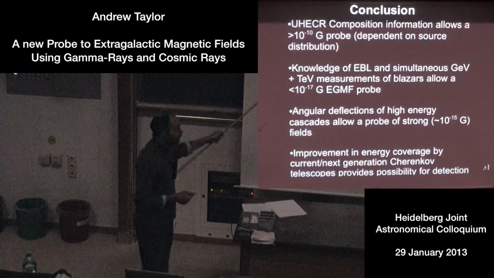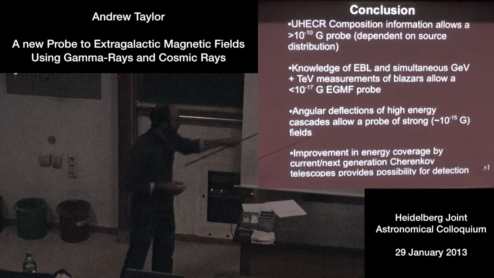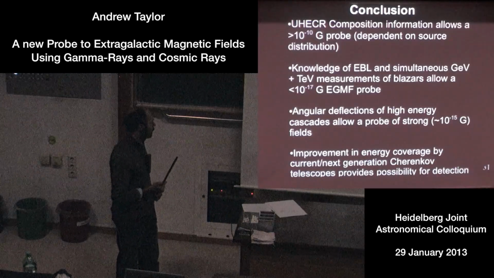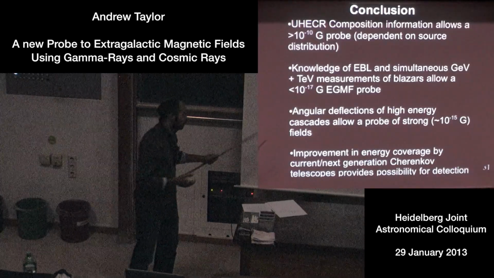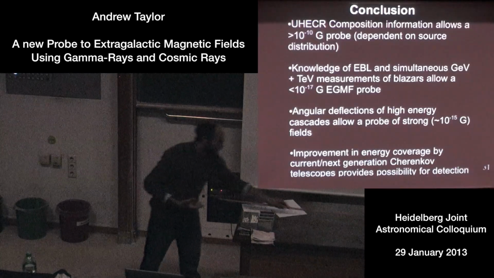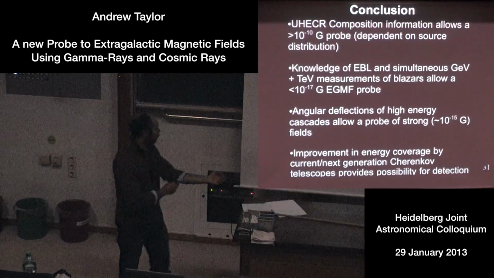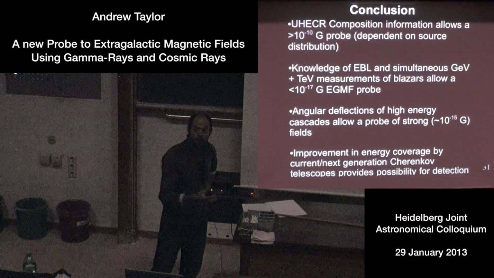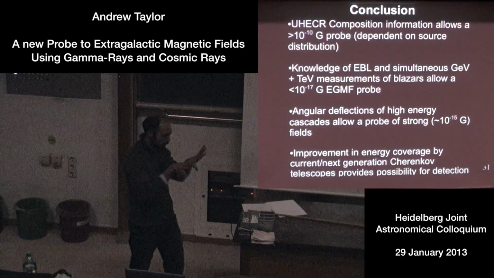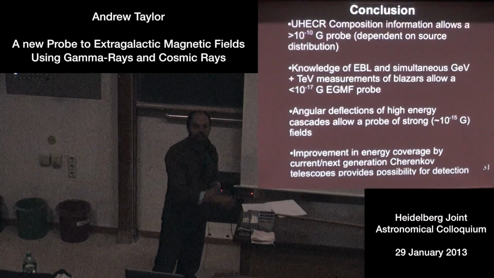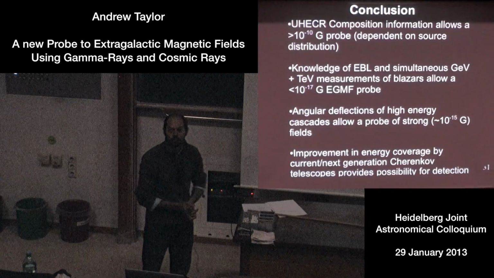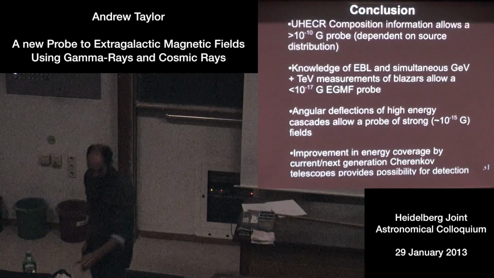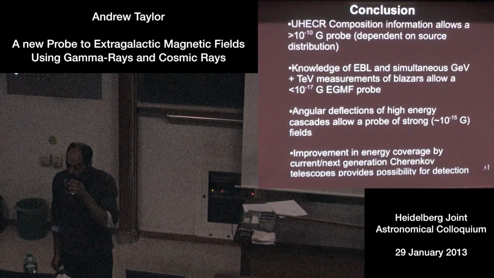That we can use the angular deflection information just to probe this middle range here, for a small patch at least. And that in the next generation, this is a point I could talk about afterwards, the next generation instruments, of course, will improve things even further, and so these probes will go deeper into the uncertainty range that I've talked about. Okay, thanks.